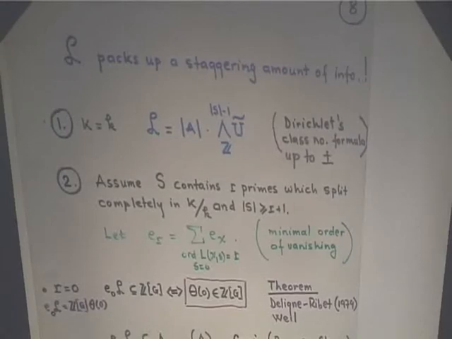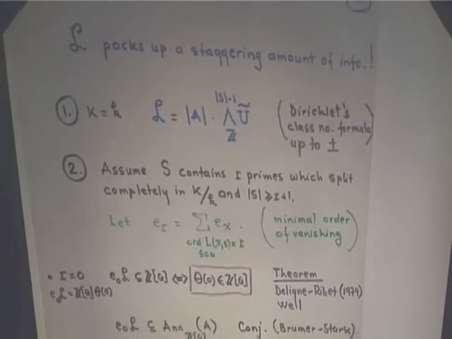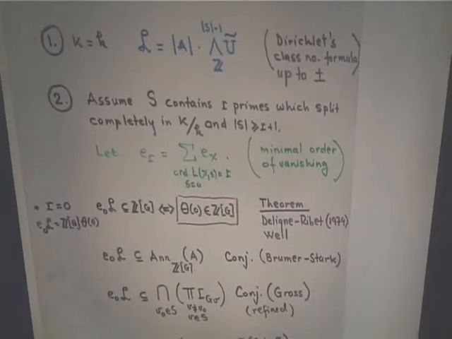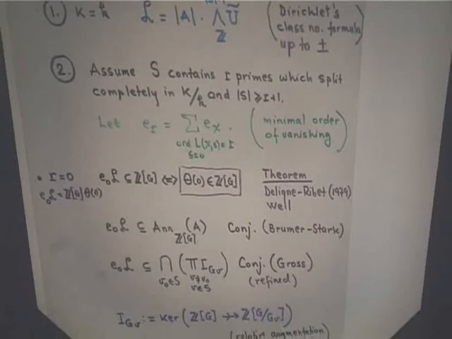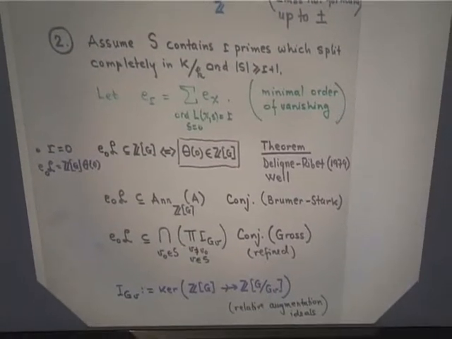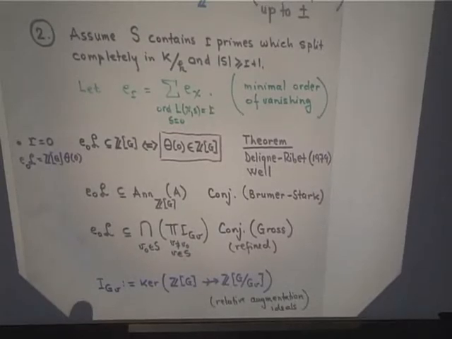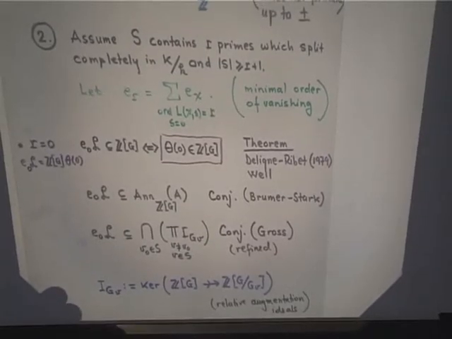So what happens in the case r equals 0? If you look at the e_0 eigenspace associated to L, then the various conjectures that I am listing in red on that side, some of them are theorems, some of them are conjectures, are in fact statements about this e_0 L. So the first one is a theorem. That's the Deligne-Ribet theorem that was proved in 1979. It was proved, in fact, by Weil over function fields.